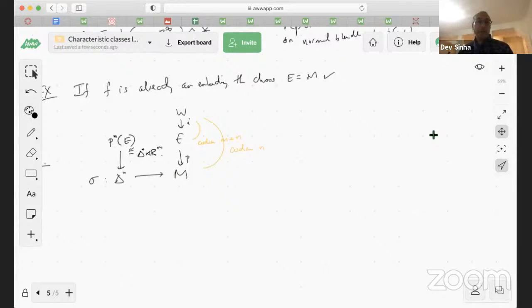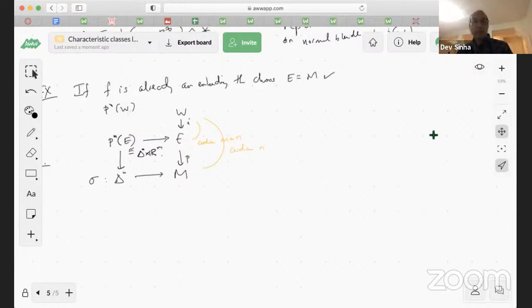The identity map on delta n and a constant map are homotopic, and the constant map, you can quickly check, always pulls back the trivial bundle. So I've got this pullback bundle, which is trivial, and then I can also look at pulling back W, right?